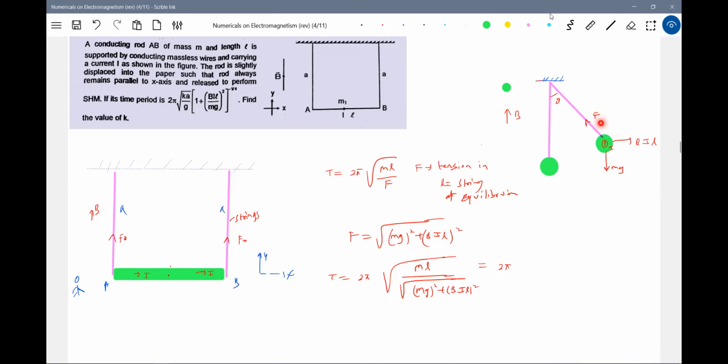There is another thing. Two strings are there, no? We are replacing with an effective one. 2F will be there, BIL, and this mg. Two F will come here. Can we simplify this? This root is there, no? So this will be root ML.